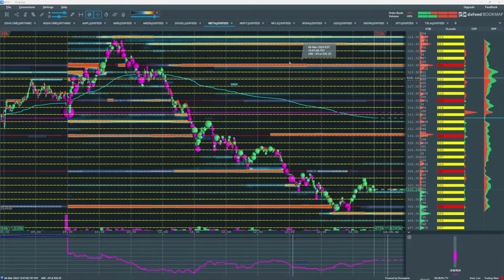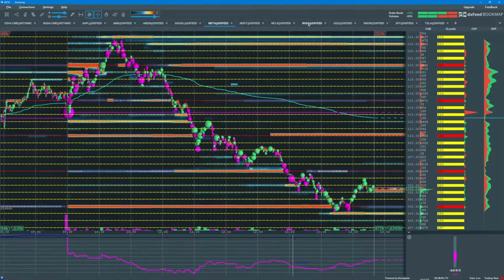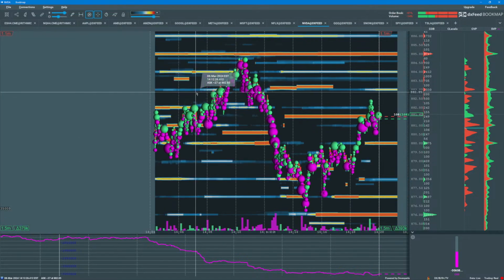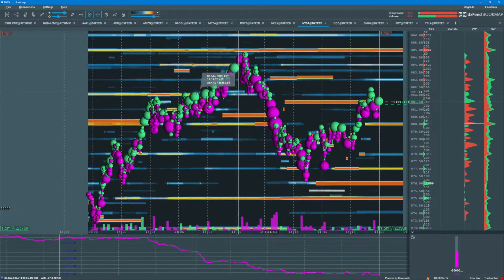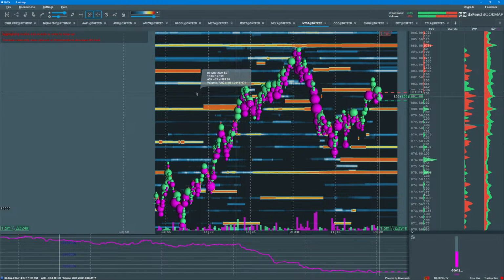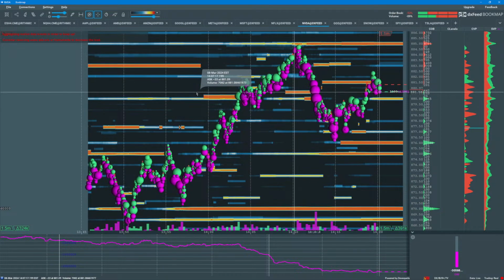All right, let's take a look at NVIDIA. All right, NVIDIA looks like I over-adjusted my levels.